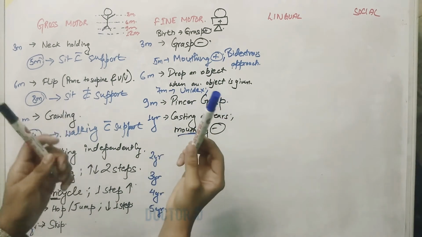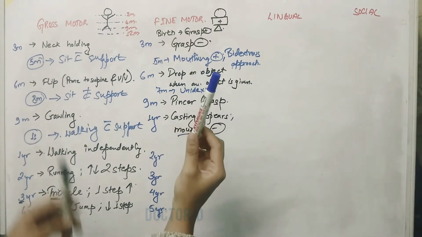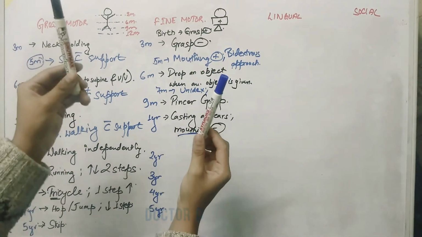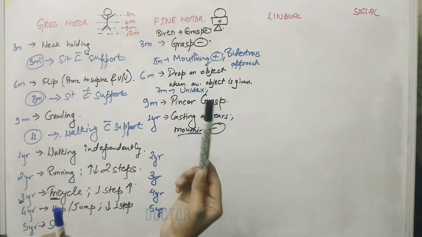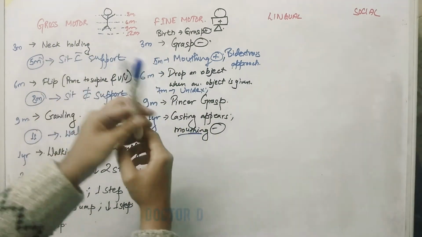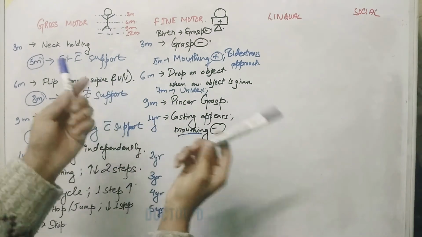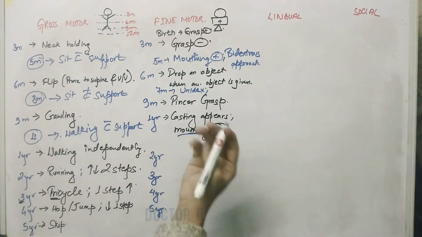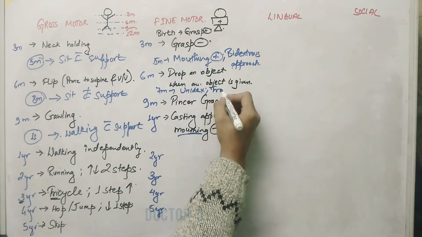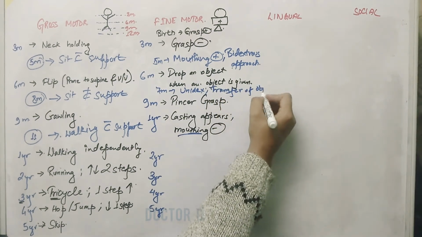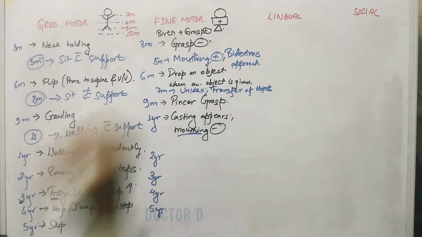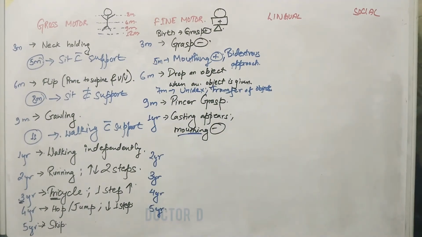That is, when someone gives me this marker and I want this marker as well, I can transfer this marker to my other hand and grab it. So I can transfer objects in between my hands. So transfer of objects at 7 months.